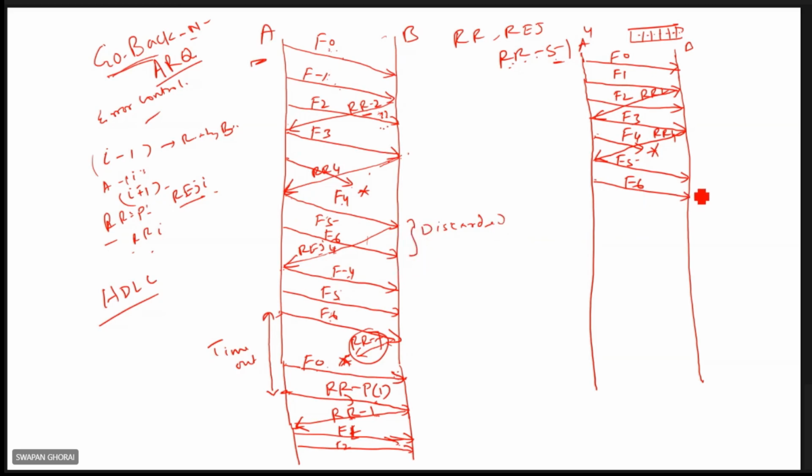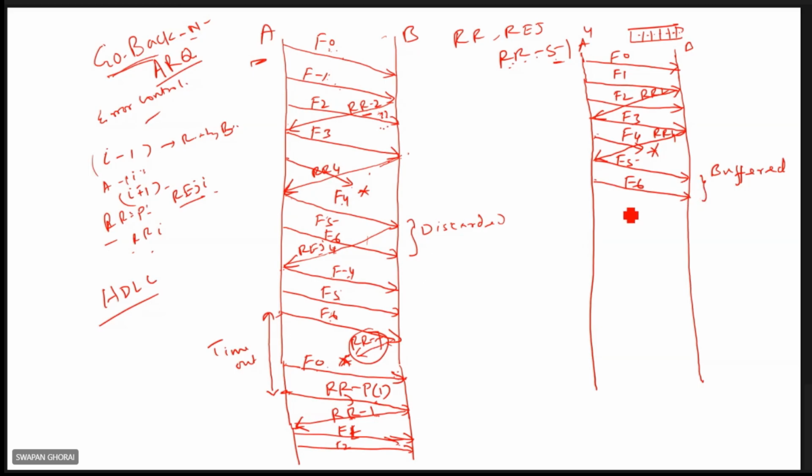But here, B will not discard in this protocol. These frames will be buffered. But of course, B will send the selective reject.